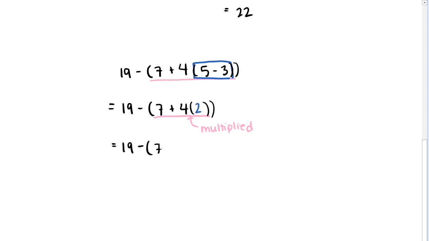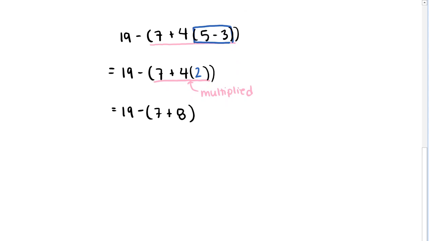And so all that tells us to do is perform the multiplication first, which is 4 times 2 is 8. And so we still aren't finished computing what's inside the parentheses here, but we're getting there. Here we have 19 still outside of the parentheses, and then 7 plus 8 is 15, and that's being subtracted from 19, which is going to give us 4.